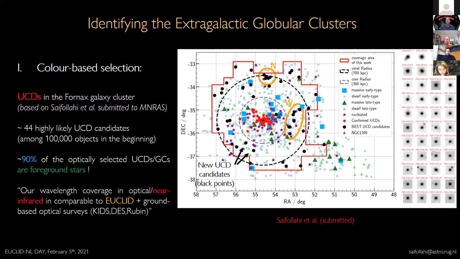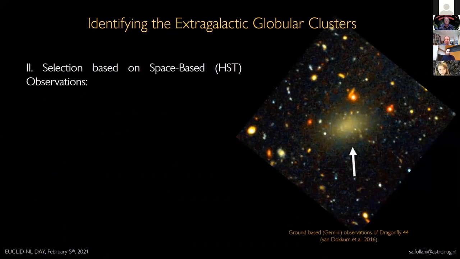That's quite significant. My message from this part is that we can also do the same with Euclid, with its near-infrared coverage, with the visible part, and also with contributions from other deep ground-based optical surveys. It's possible to make this kind of selection based on optical near-infrared colors, which looks promising.